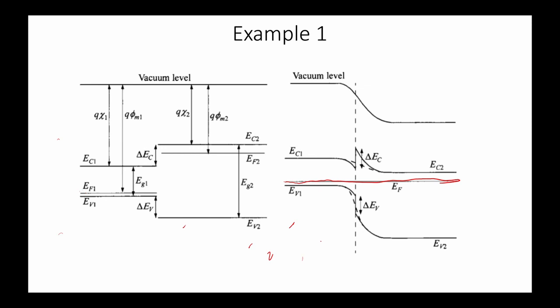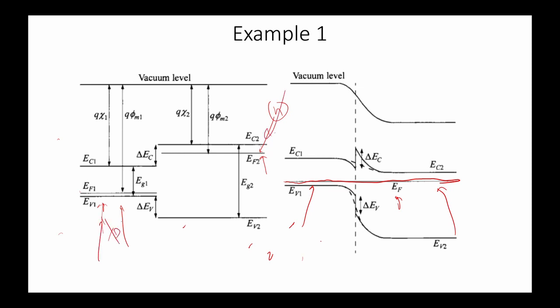This is EF1, this is EF2, and when we join them it will be common, which is EF. This side is a bit highly doped, as EF1 is closer to the valence band, and EF2 is closer to the conduction band. So this is p type, this is n type. This is more doped, this is less doped.